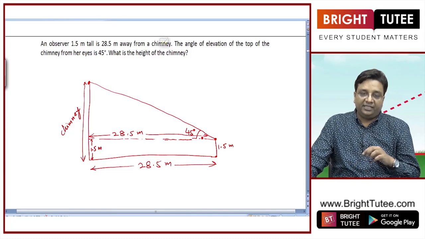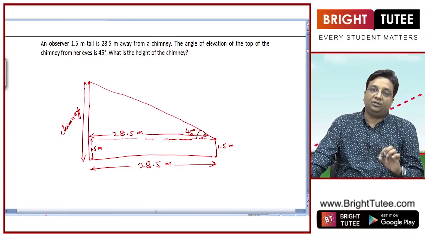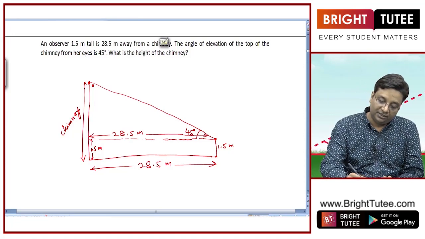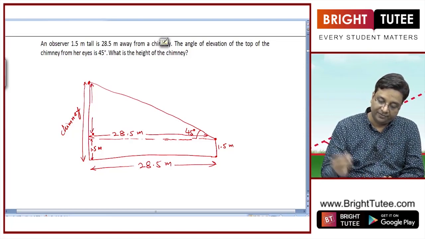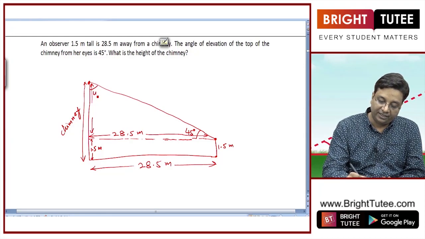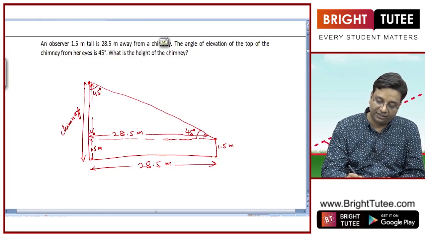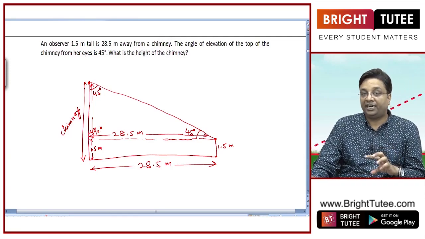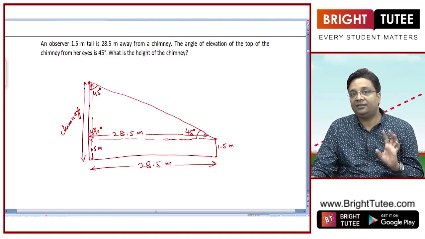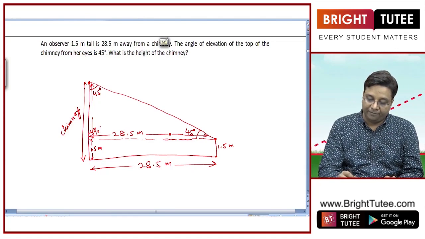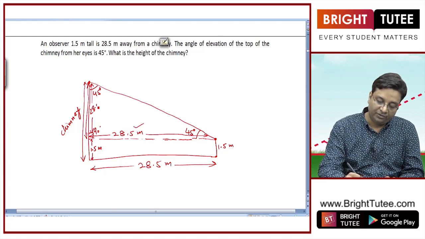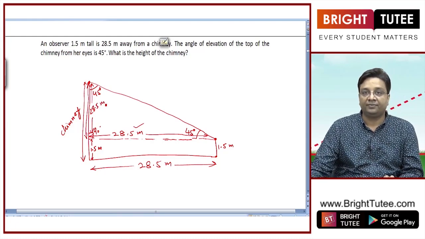You need to find the height of chimney, right? In this question you don't even have to apply the trigonometry. What you can show is that this triangle is a 45, 45, 90 triangle. So this angle is also 45, this angle is 90 degrees. So this is an isosceles triangle. So the sides opposite to the equal angles are equal. Hence we can say that this is 28.5. So this side here will also be 28.5 meter, right?